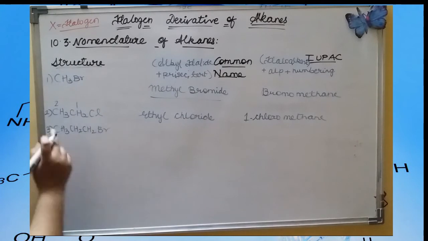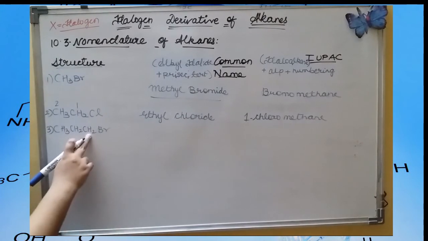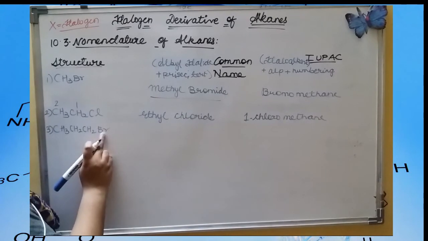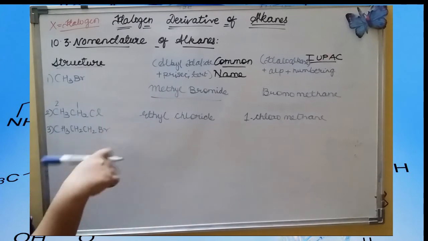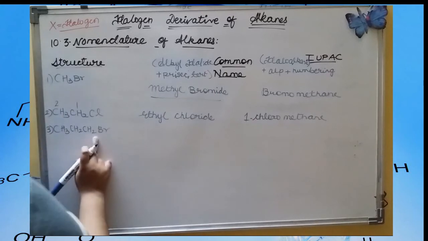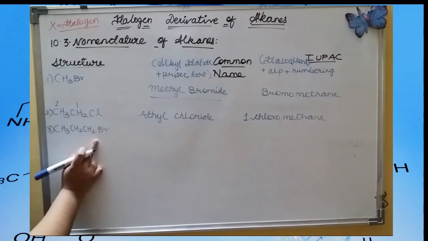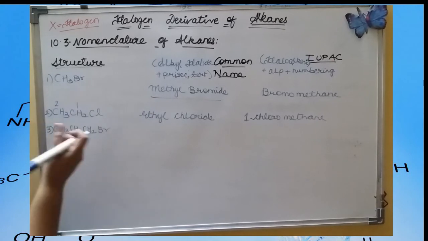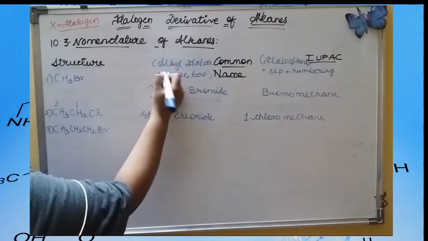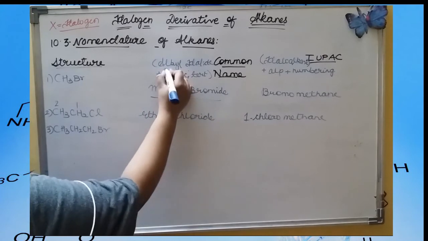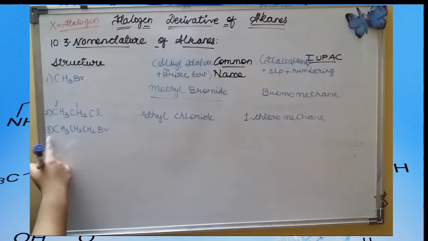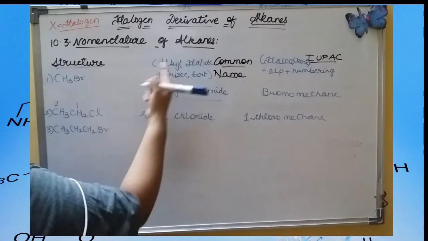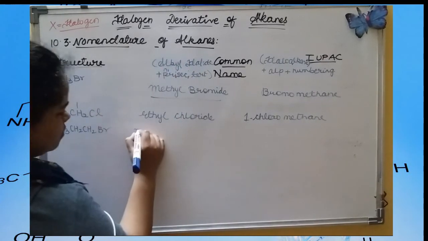Let us consider this. Now there are 3 carbon atoms involved, so that means propane, so propyl, and this halogen group is bromine, propyl bromide. But there are branches possible here, a number of carbon atoms, so we will use prefix primary, secondary, tertiary or N. Since it is a straight chain, it would be N-propyl bromide.